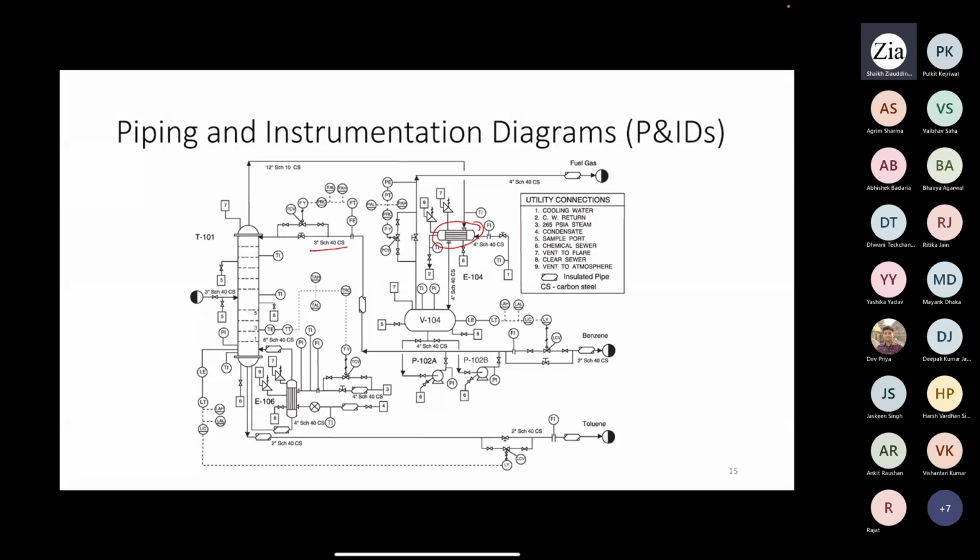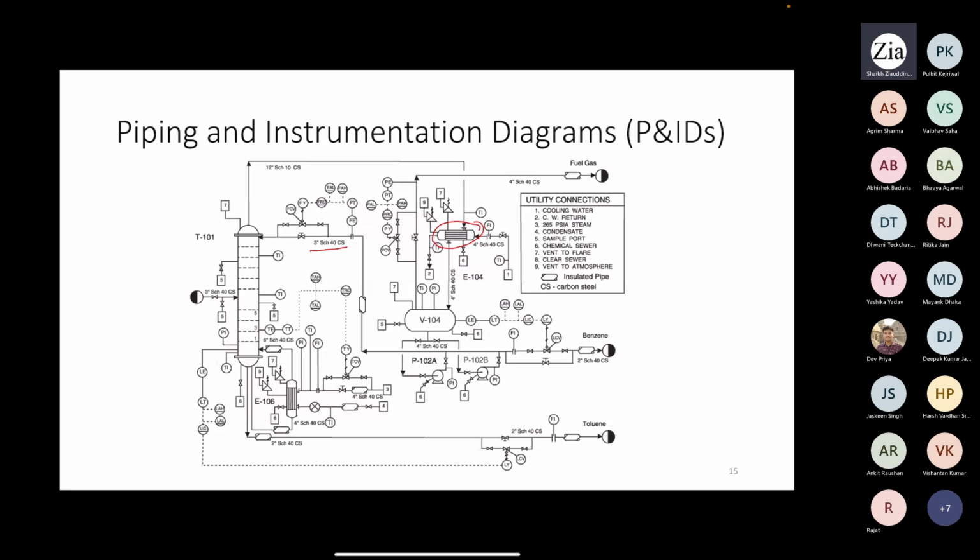Whenever it senses the temperature is going above the set value, it will try to reduce the flow rate of the hot liquid, or it will try to activate the cold liquid line to reduce the temperature. And if it is required to raise the temperature, then it will activate the opposite action.